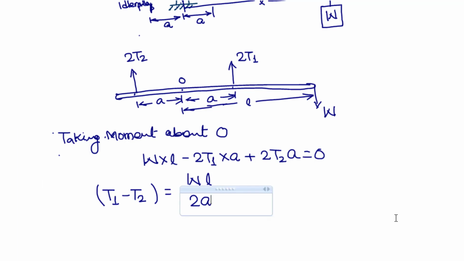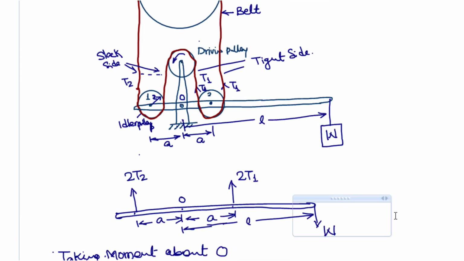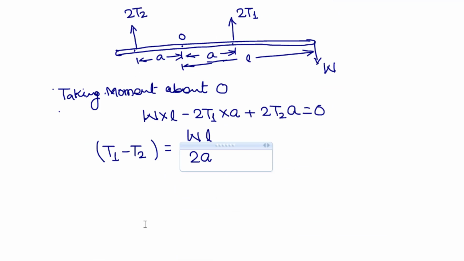This is the tension difference of the belt, tight side minus slack side.